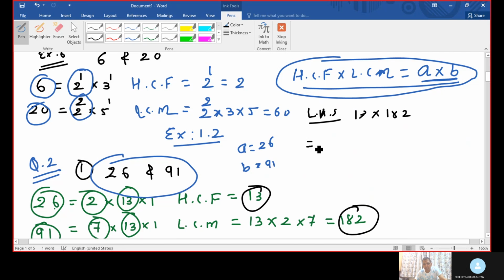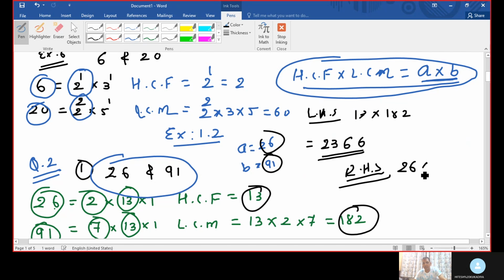Now multiply and check here. 13 twos are 26, 2 carry on. 13 eights are 104 plus 2 is 106. 10 carry on. 13 ones are 13 plus 10 is 23. So 2366. LCM into HCF, left side answer. Now check RHS, right side answer. So on the right side A equal to 26 and B equal to 91.